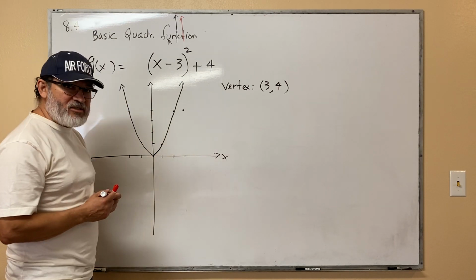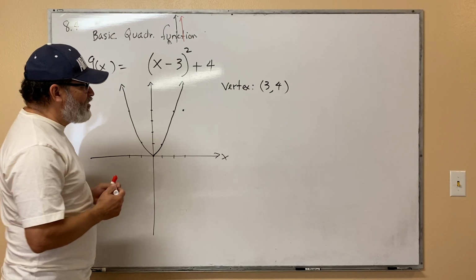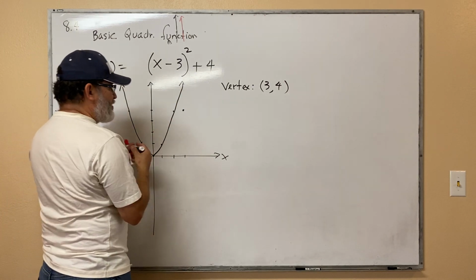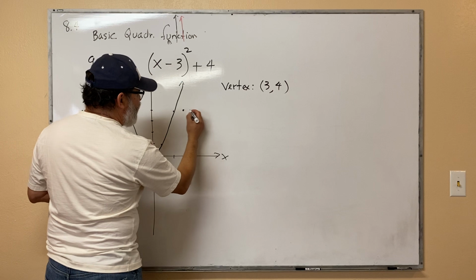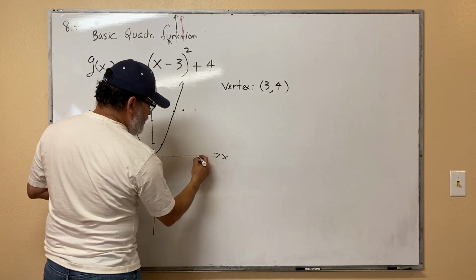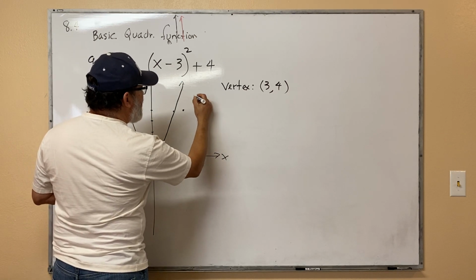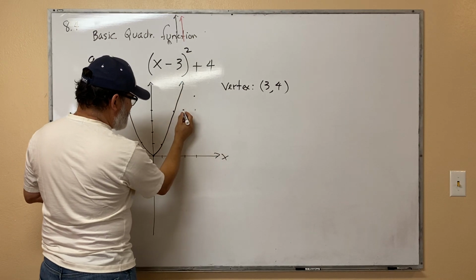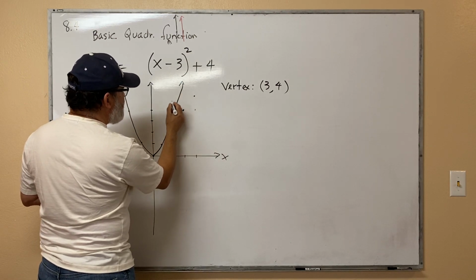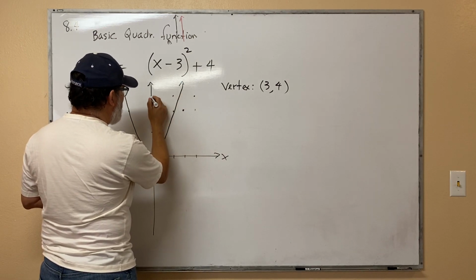Okay? So watch this. From the new vertex, watch this. 1 to your right, 1 up. From this vertex, 1 to your left, 1 up. You see?